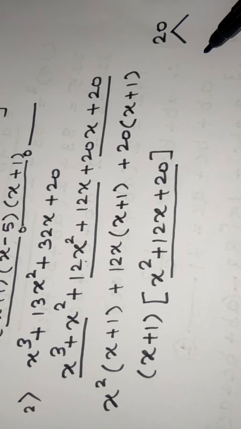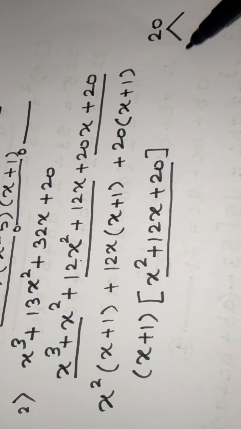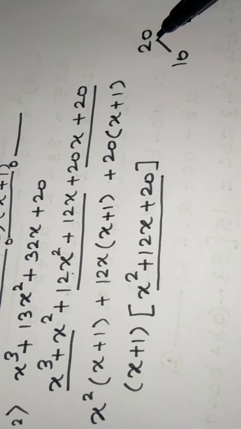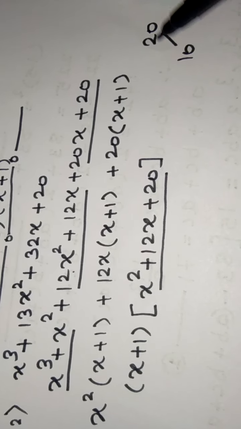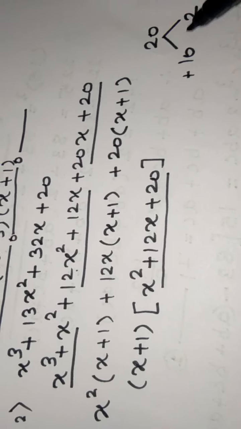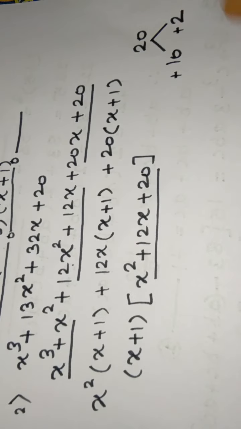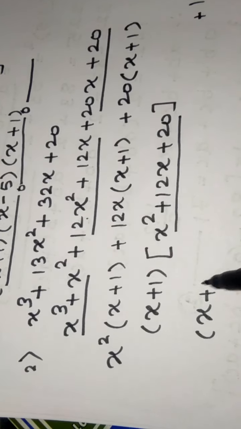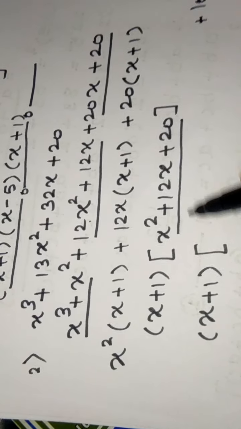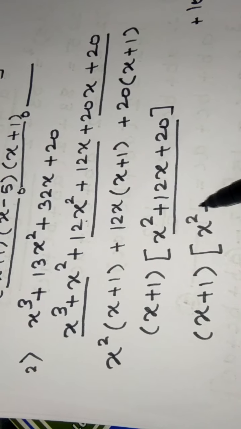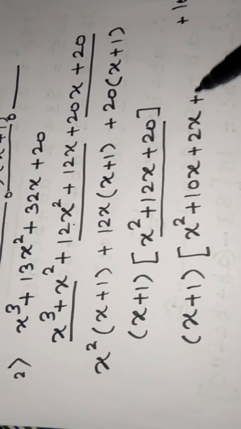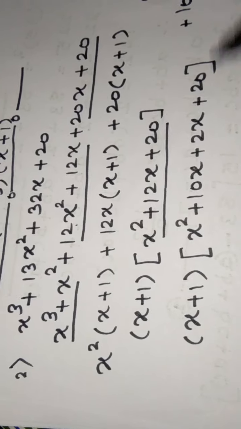Which factors does 20 have? 10 into 2. Since there is no problem of sign, all signs are positive. 10 is positive and 2 is also positive. Therefore x plus 1, and these factors are x square plus 10x plus 2x plus 20.